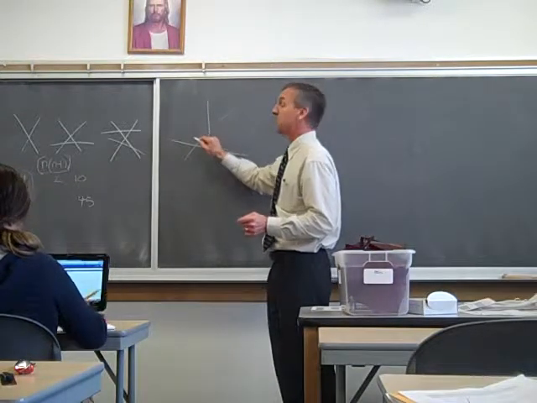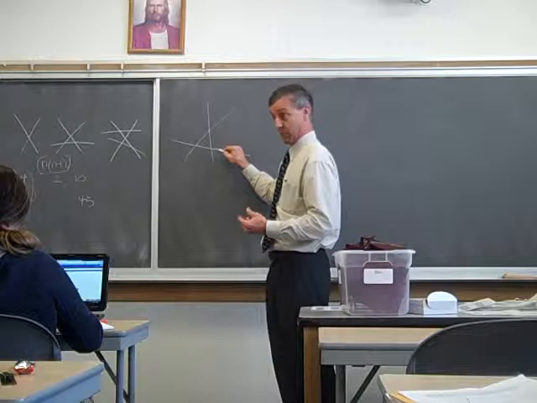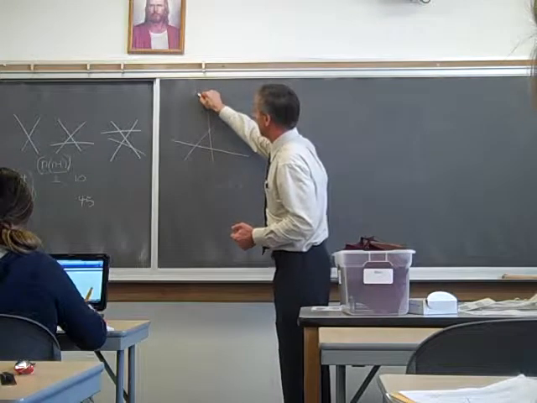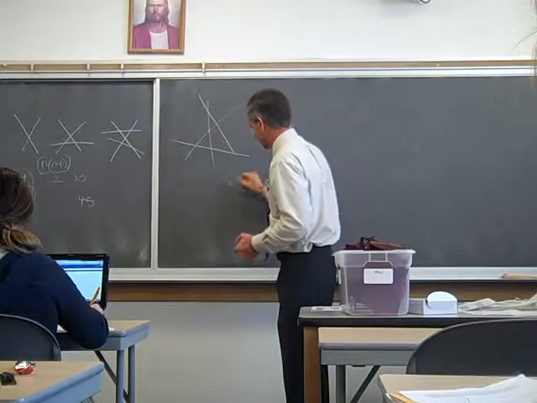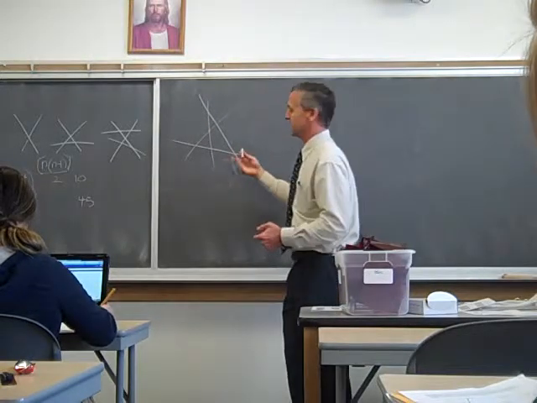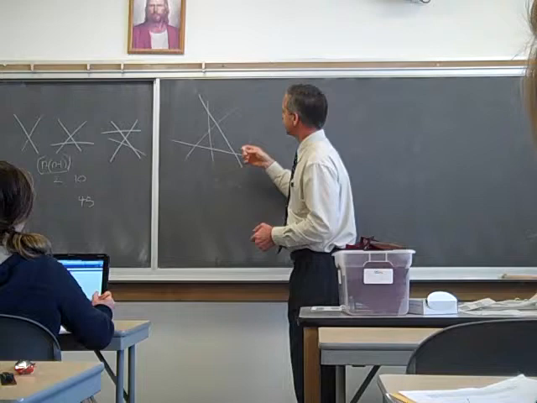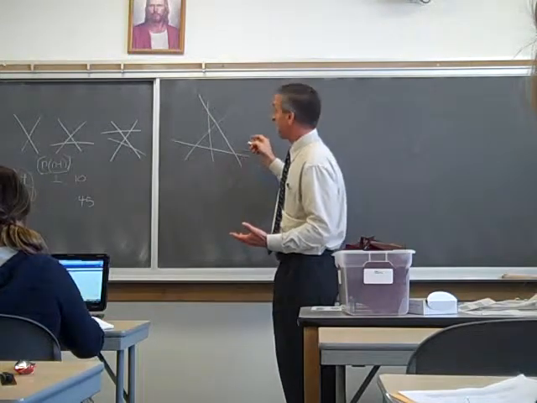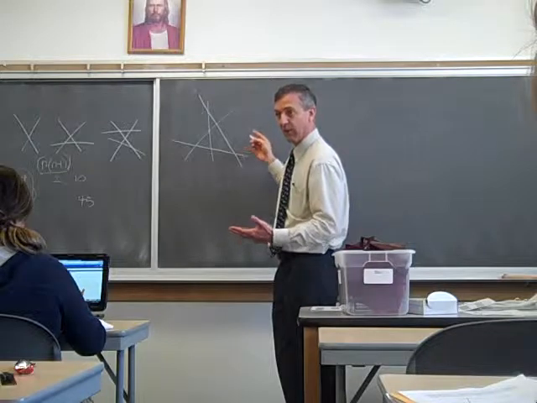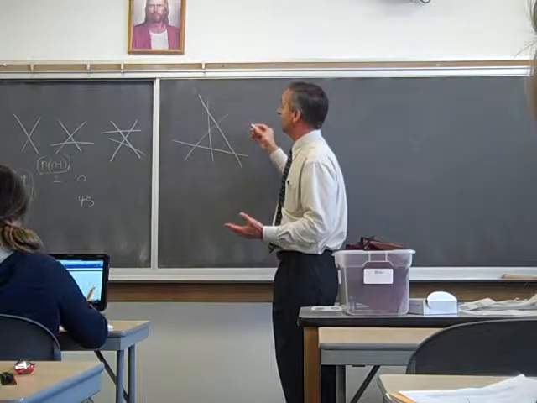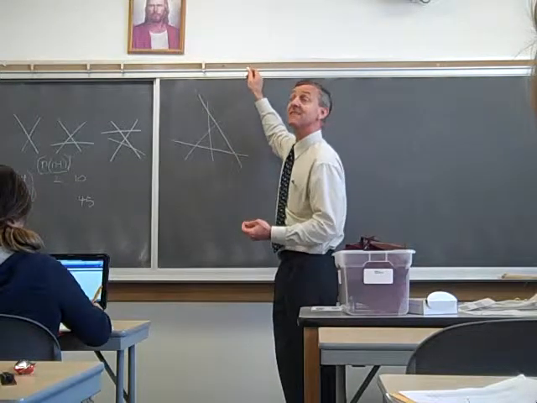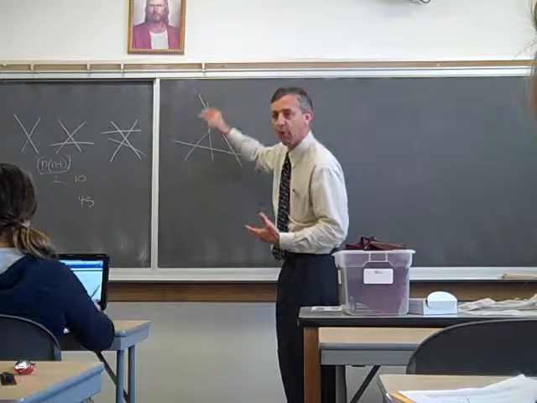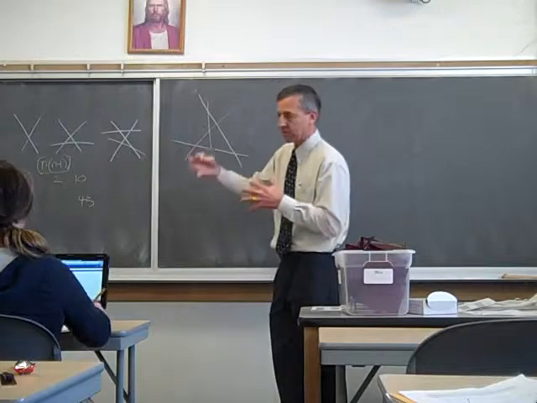So I'm going to have 1 plus 2, right? Then when I draw this one, it will be plus 3. Now there are how many lines? 4. So when I draw my next one, it will cross all 4. So we'll add 4. Do you see why we're adding 1 plus 2 plus?